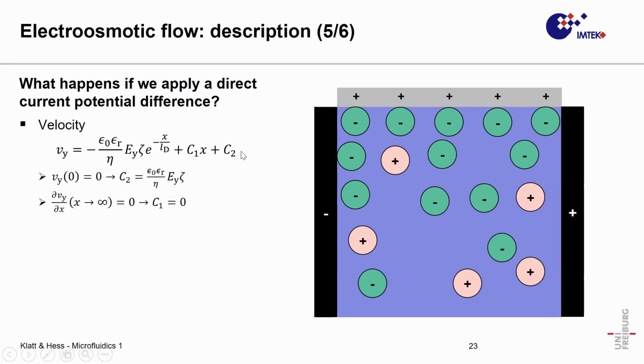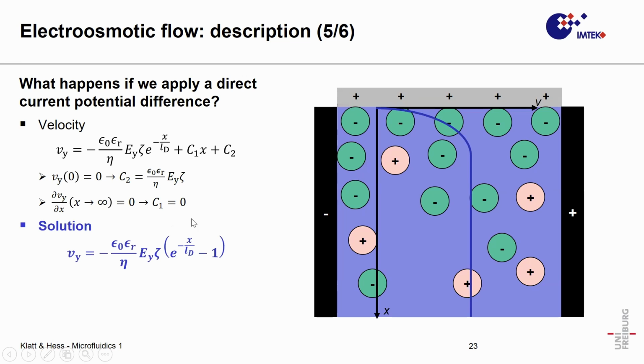This C2 will be 0, and there's only C1 plus this term equals 0, and the exponential function of minus infinity equals 0. So the result will be C1 equals 0. And this means that we end up with a velocity in y direction equal to this equation.